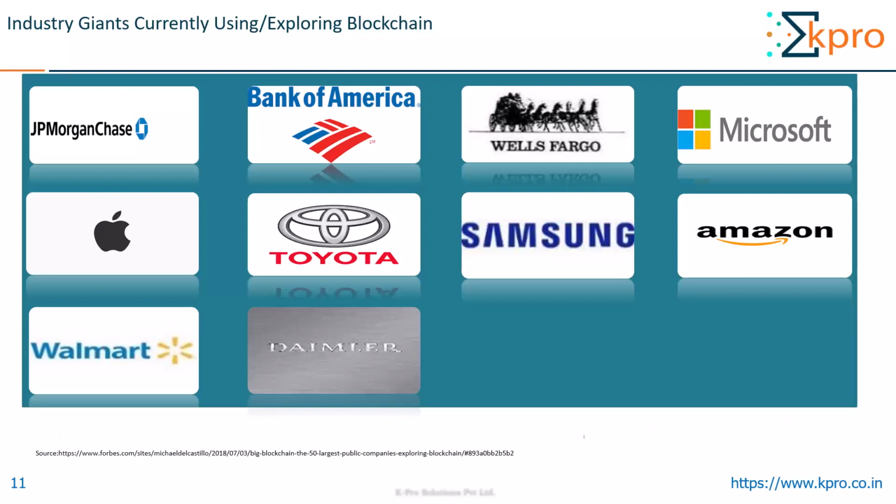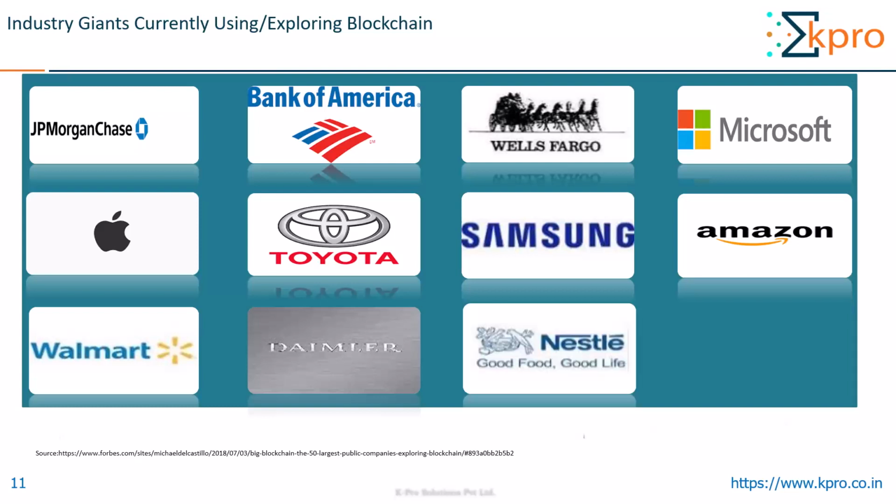The next one is Daimler. Since last year, issuing a 100 million euro corporate bond using Ethereum, the maker of Mercedes-Benz has begun testing its own cryptocurrency. The next one is Nestle. Nestle is now a part of the consortium working with IBM to remove unnecessary middlemen from the way they ship goods.